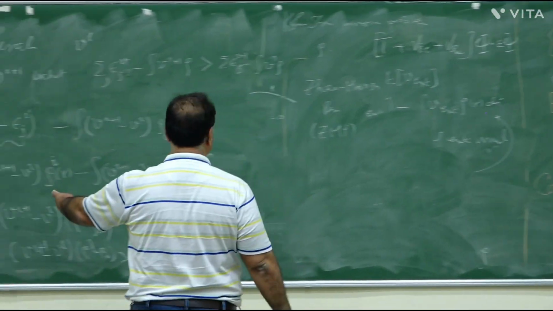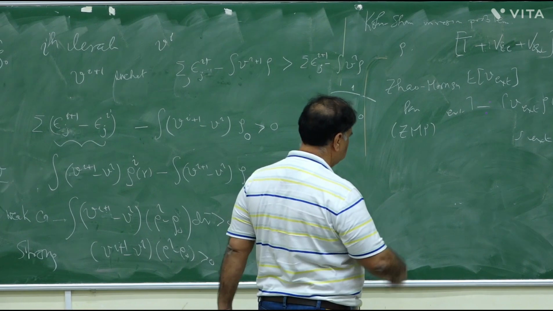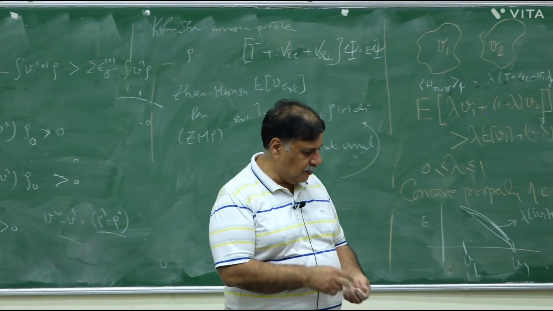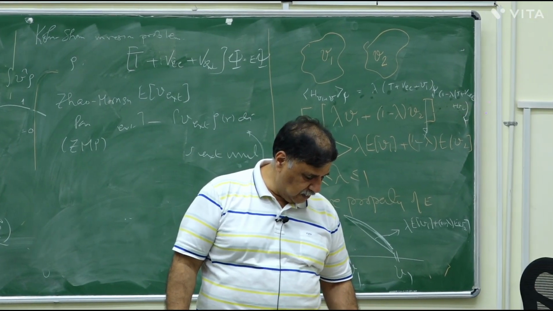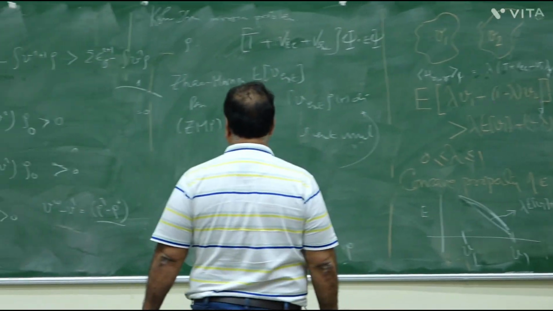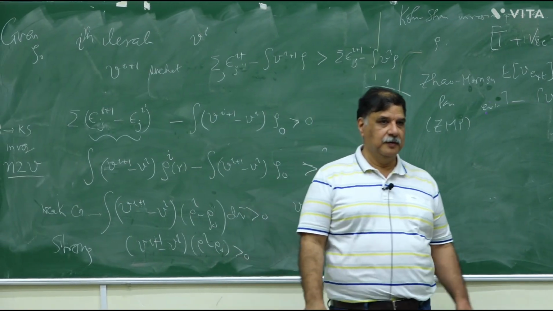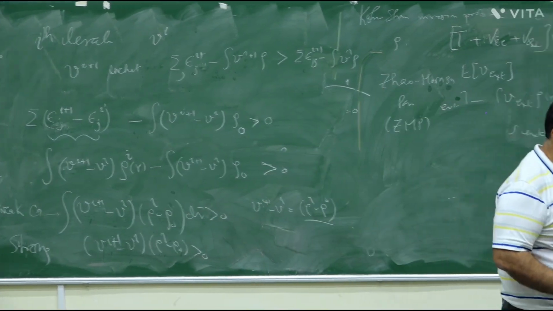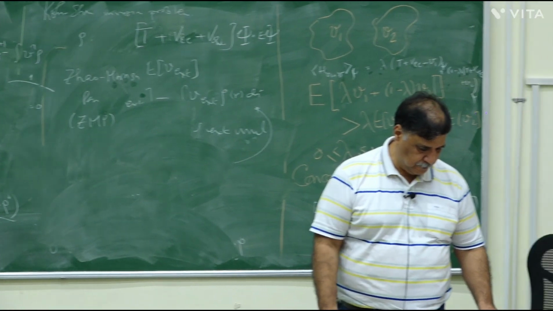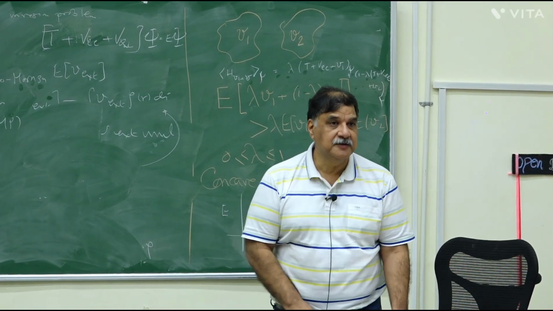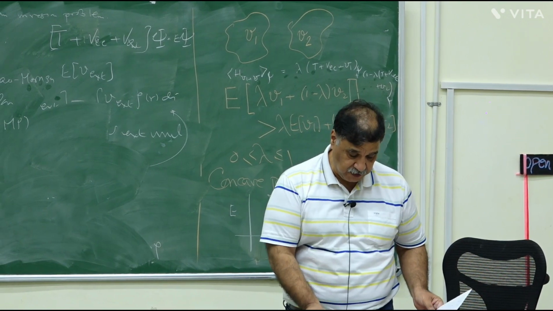We have shown how this is a universal class, and we have two papers on this. One is on the universality of inversion methods, and another is on the relationship between Levy's constraint search and DFT. Now I'll take any questions that there might be. I hope this answers certain questions about universality that you asked.